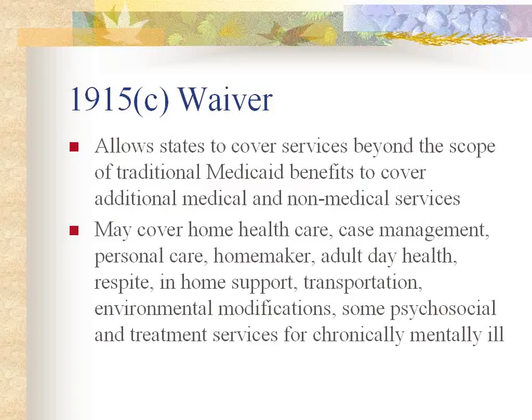But they need to have 16 hours of nursing care in order to do that. So this would allow the state to cover that extra expense. And it might cover some other services, such as case management, personal care, homemaker care, in-home support services, additional in-home support services beyond IHSS, transportation, some environmental modifications, etc.